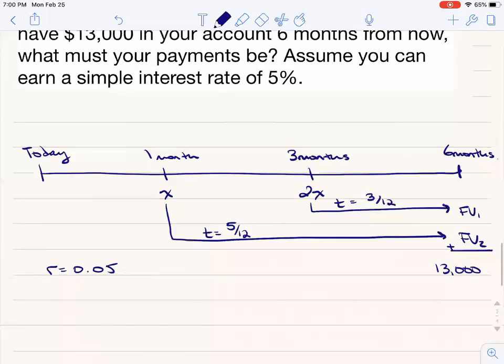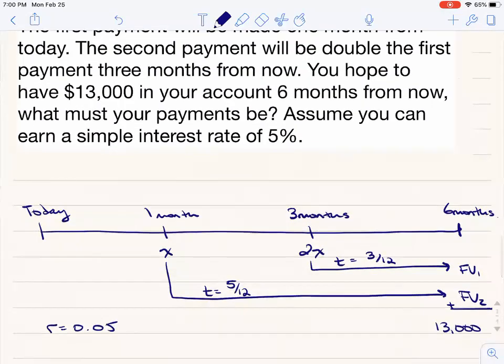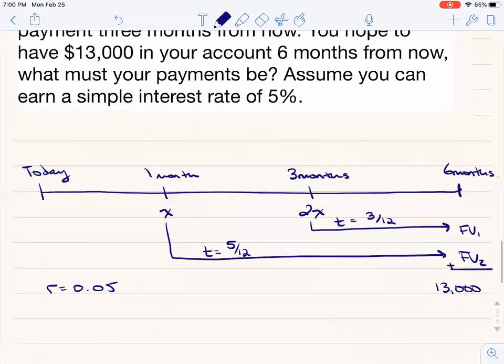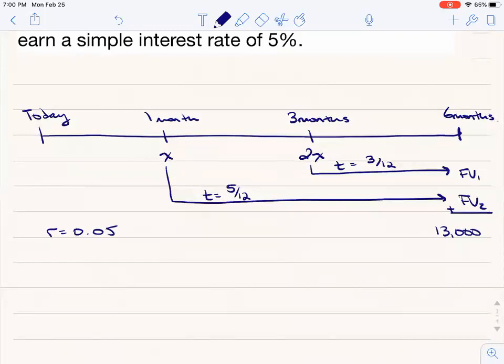Just looking at this, I didn't tell you what to use as a focal date, because you have to use 6 months as the focal date, because we have to have a total of 13,000 at 6 months.